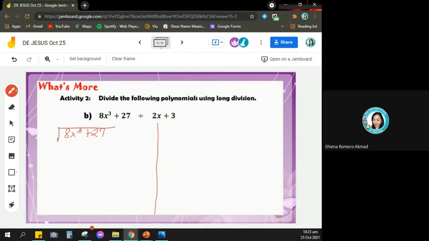Divide natin by 2x plus 3. So 8x cubed divided by 2x. So 8 divided by 2, that's 4.